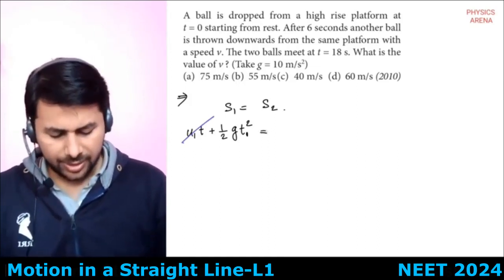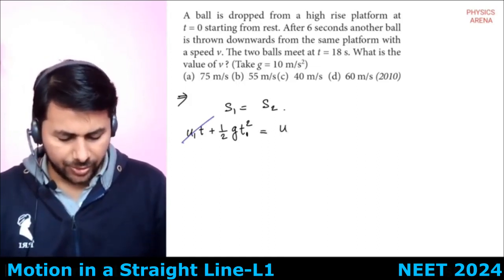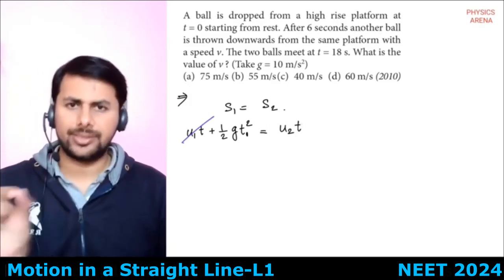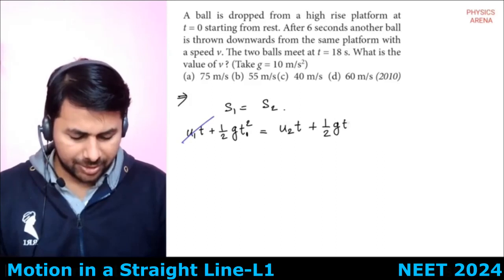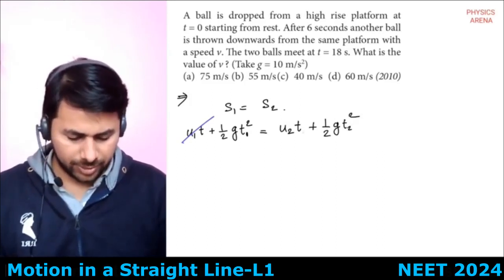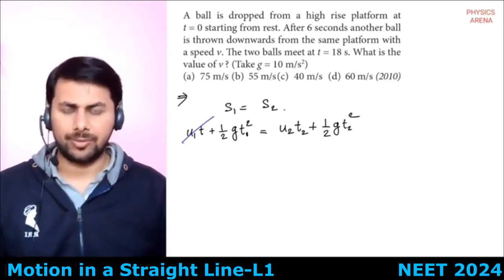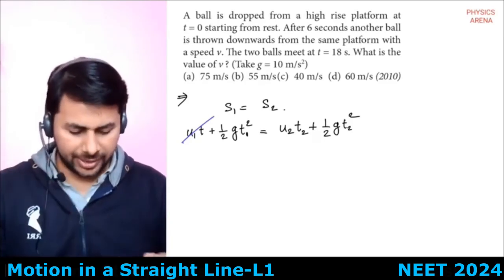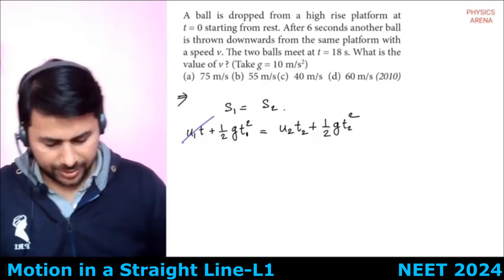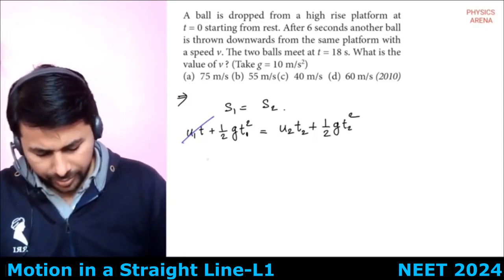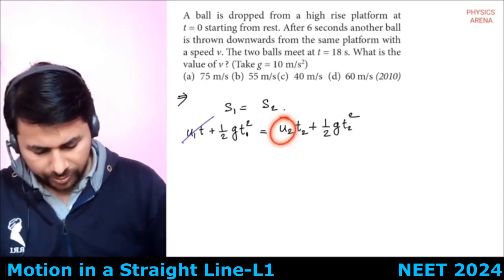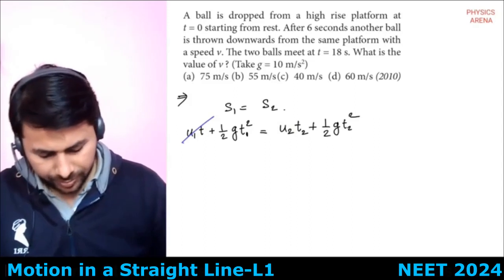For the second one, it is u2 times t, where u2 is its initial speed, plus half g times t2 square. The times are different. The first one gets the whole 18 seconds, the second one gets 12 seconds. We want to find u2.